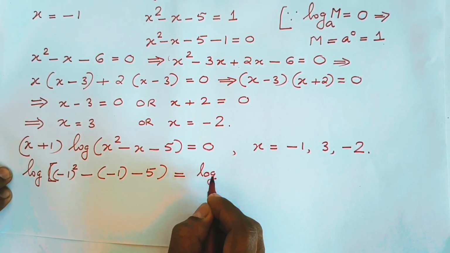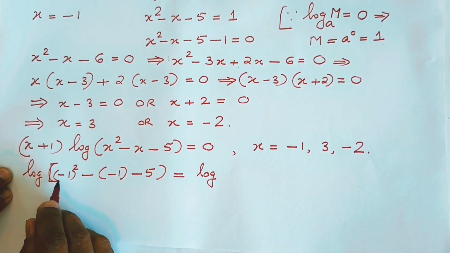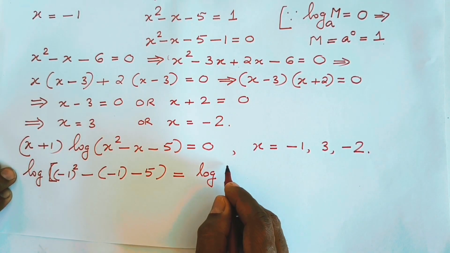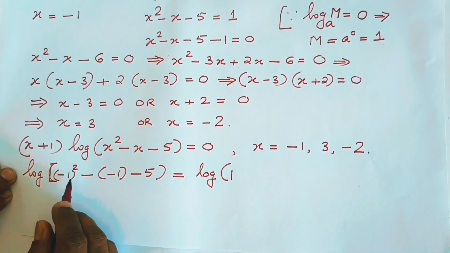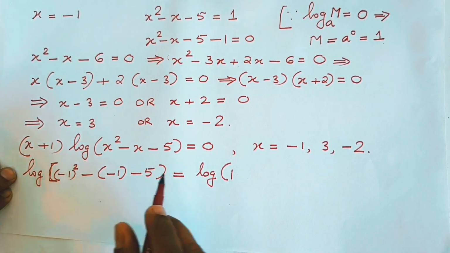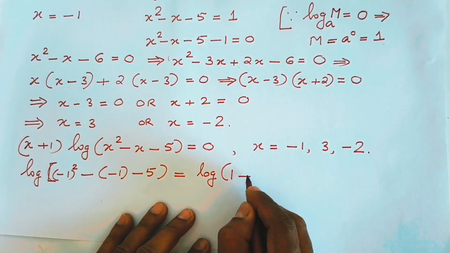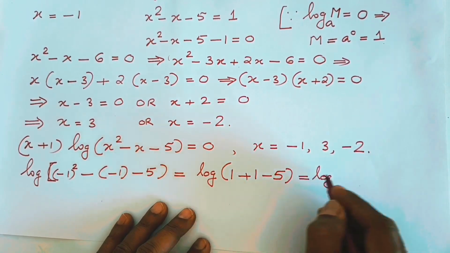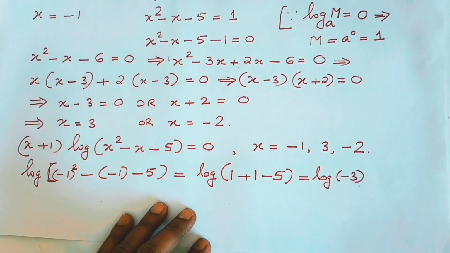Let us simplify this further. Minus 1 to the power of 2 is plus 1. Then minus minus 1 will be plus 1. Then there comes minus 5. On simplification, you will have minus 3.